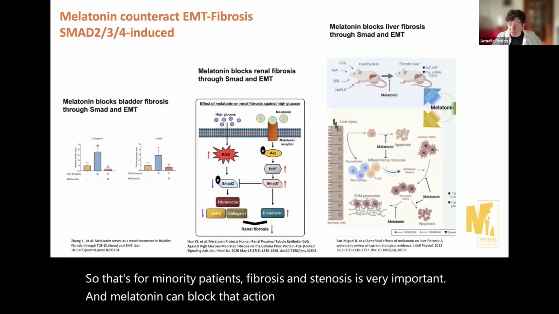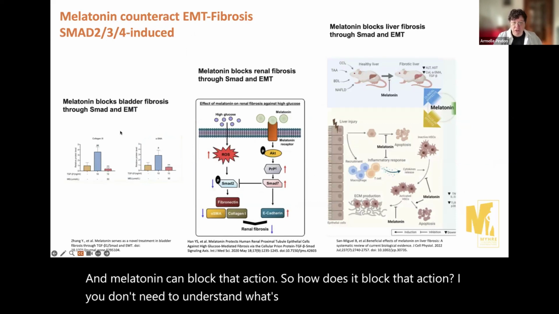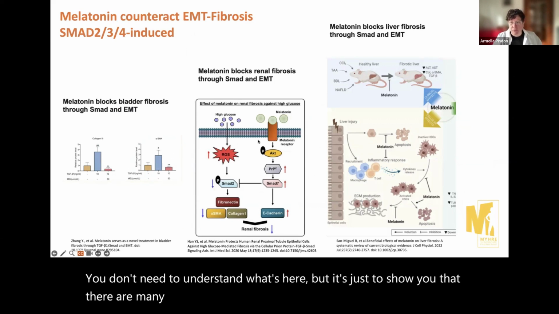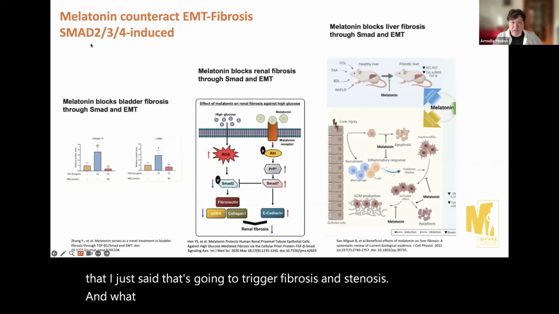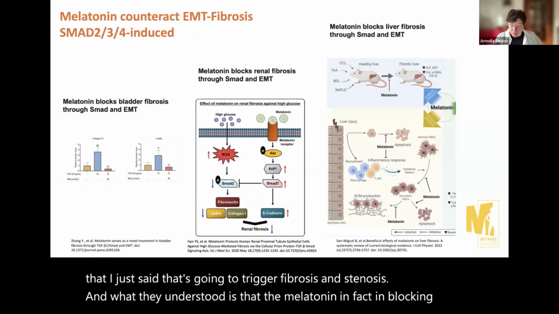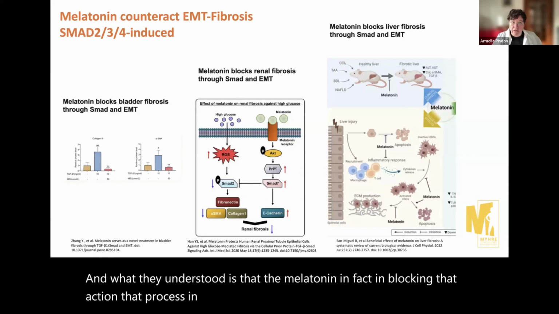So how does it block that action? You don't need to understand what's here, but it shows that many researchers worked on this EMT, the process that triggers fibrosis and stenosis. What they understood is that melatonin, in blocking that process, is blocking the action of the SMAD2/3/4 complex.